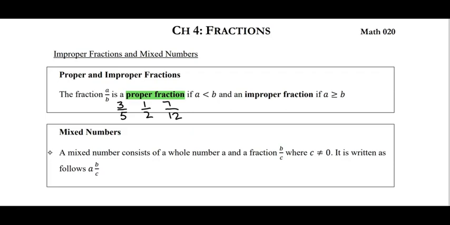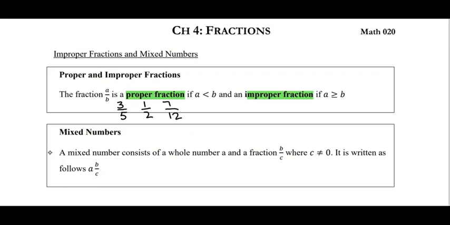Anything else is an improper fraction, meaning that your a is either greater than b or equal to b. So anything other than where your top is less than bottom is called an improper fraction.